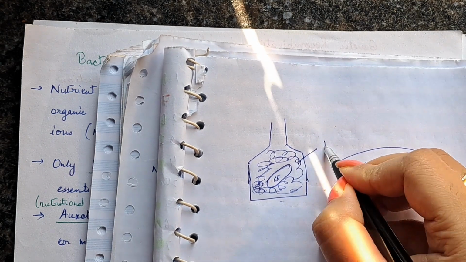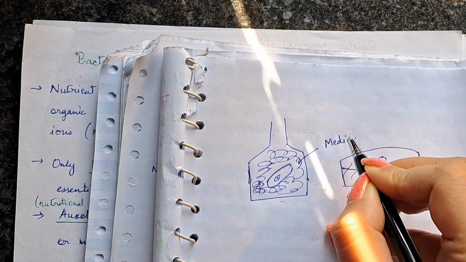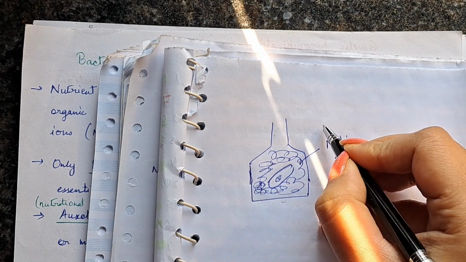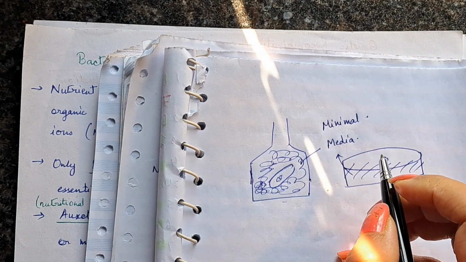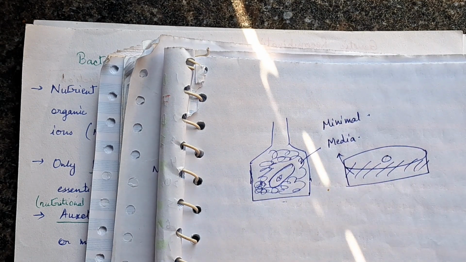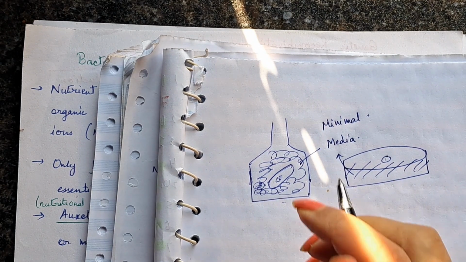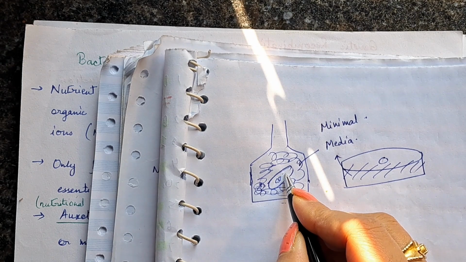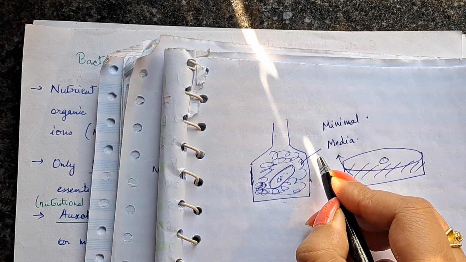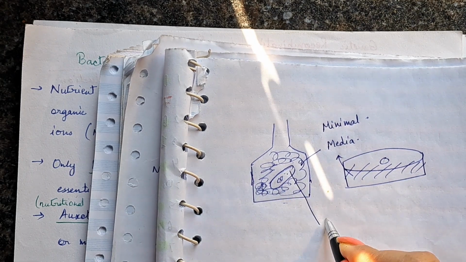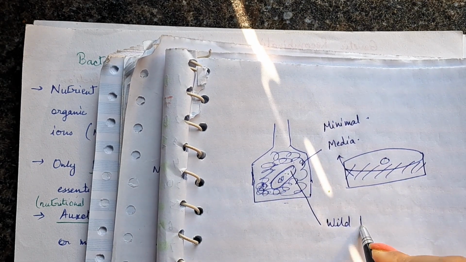Whatever media I'm putting, this media is called minimal media. Now what is minimal media? Minimal media means the media that contains all the required nutrients for this particular bacteria to survive. Whatever bacteria survives within the minimal media, this kind of bacteria is called wild type.